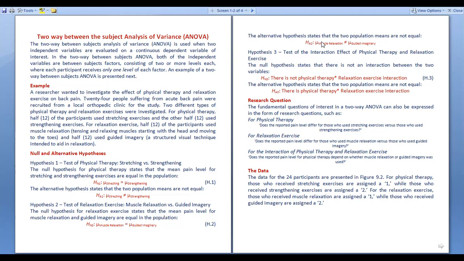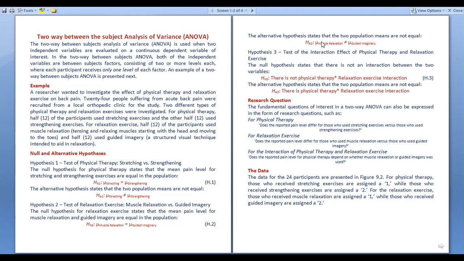Half of the participants, that is 12, get stretching exercises, and the remaining half get strengthening exercises. For relaxation exercise, half of the people get muscle relaxation, and the remaining half get guided imagery therapy.